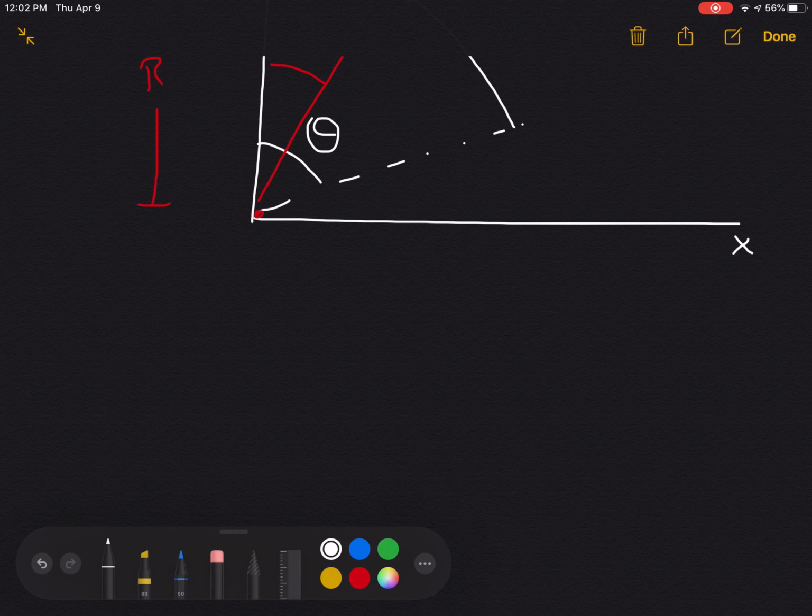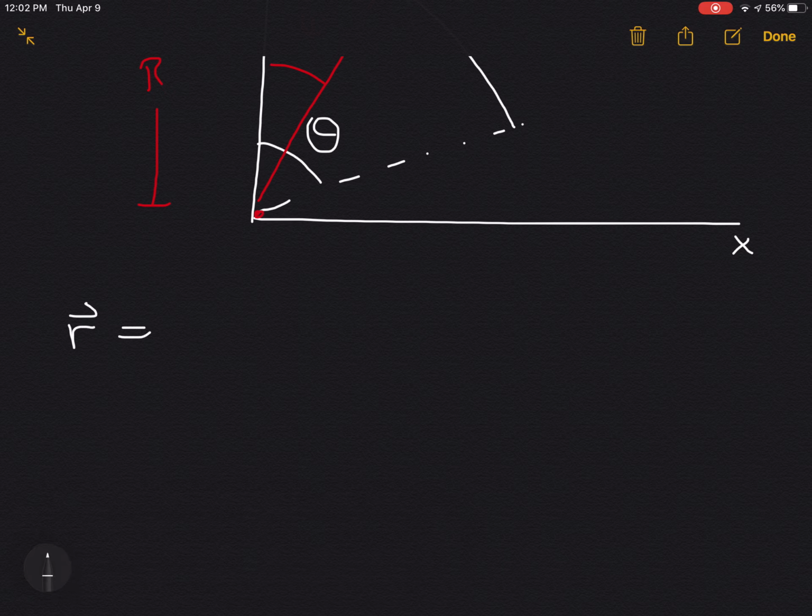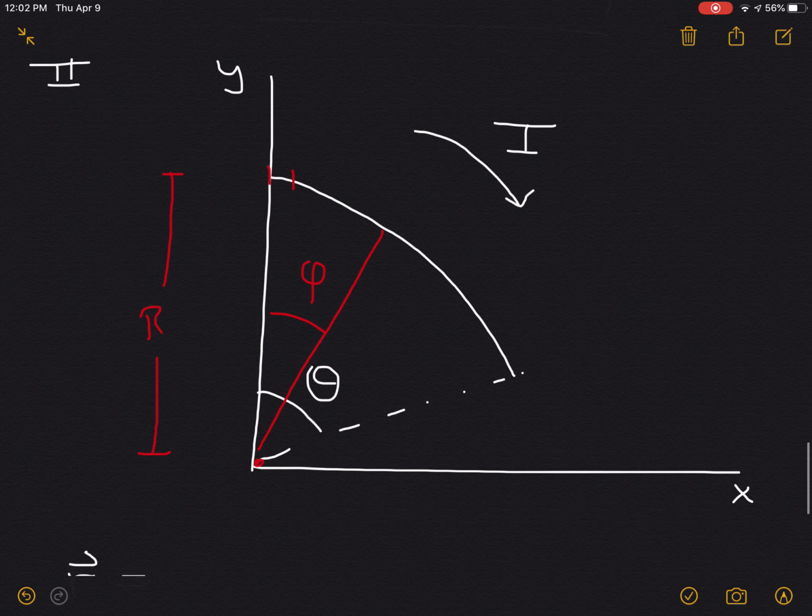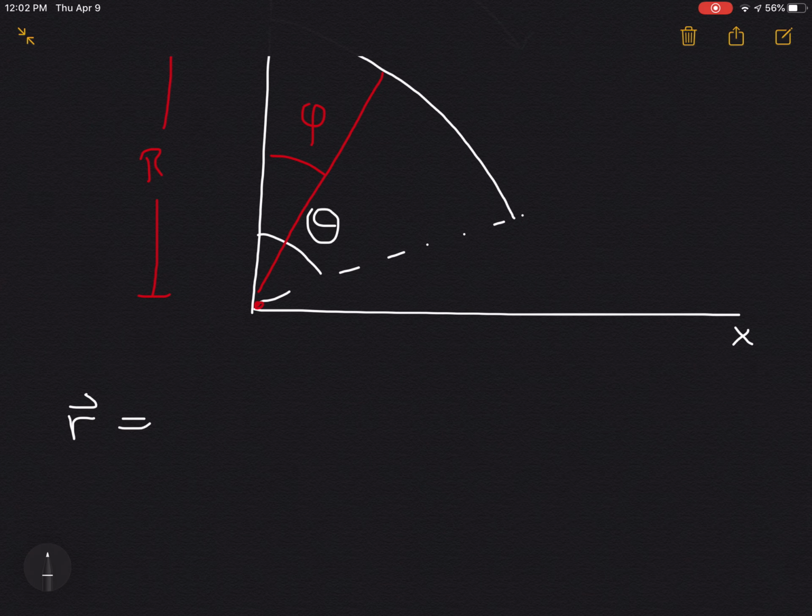So we want to write the r vector, which is going to point from a point on the circle to the center. So one way to write this is minus r, so r is the distance, so it makes sense that r shows up in the r hat direction. Now, what is the r hat direction? Let me write this out, and you can see that it kind of works.